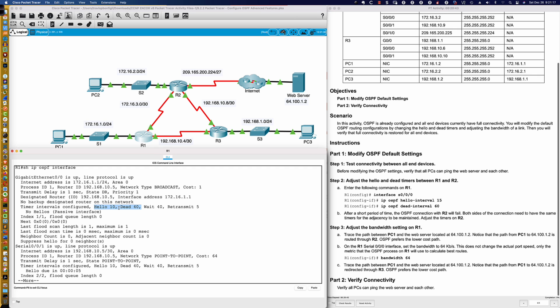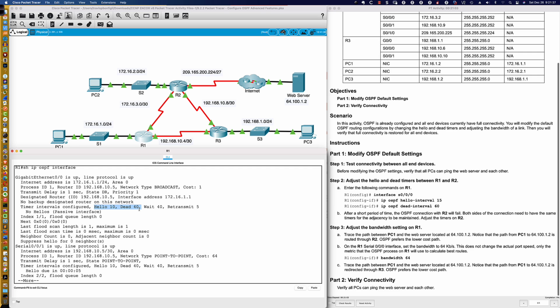Because remember, the hello packets are used not only for neighbor discovery, they're used for neighbor maintenance and keeping that adjacency alive and well. And that is the purpose of that OSPF hello packet.